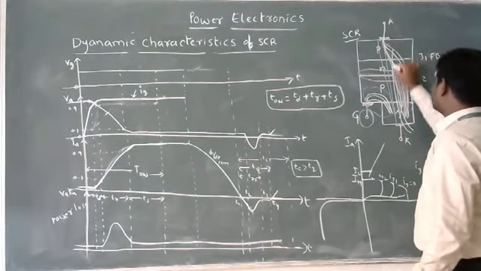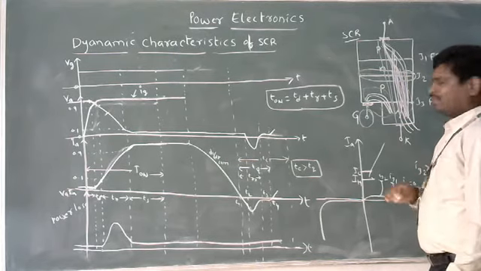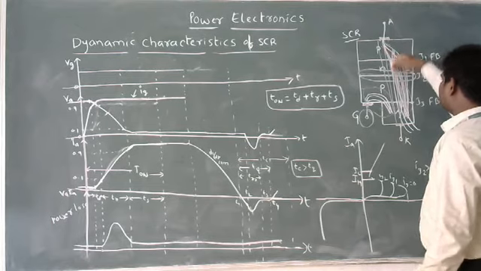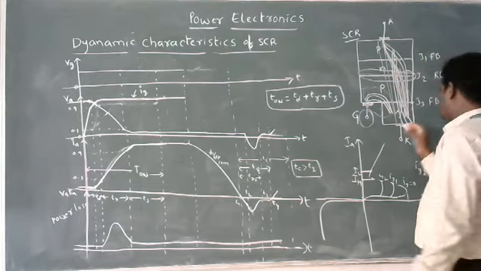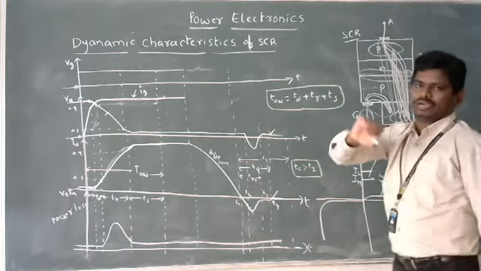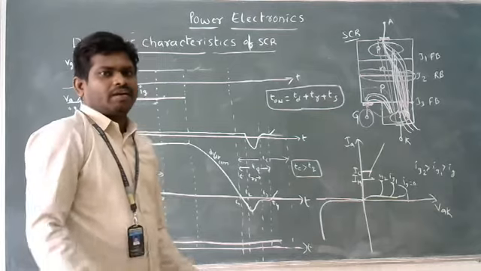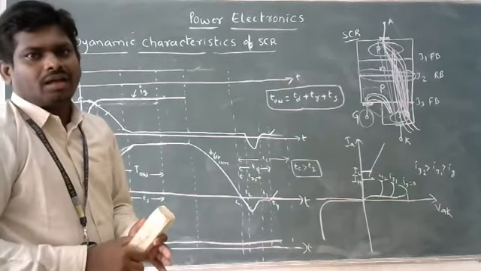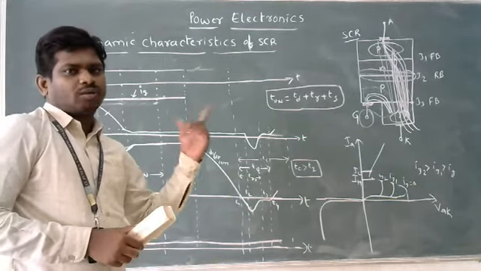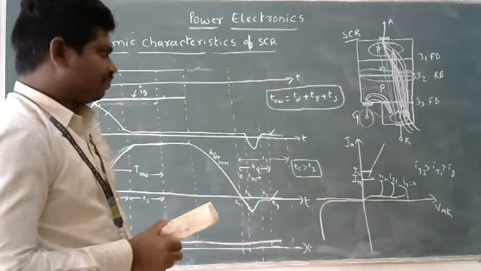Because of this opposite current, the charge carriers at the outermost layers are removed very easily. So we are able to remove the charge carriers at the outermost layers by applying the commutation process.